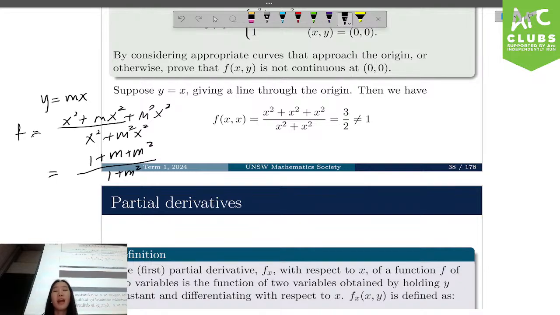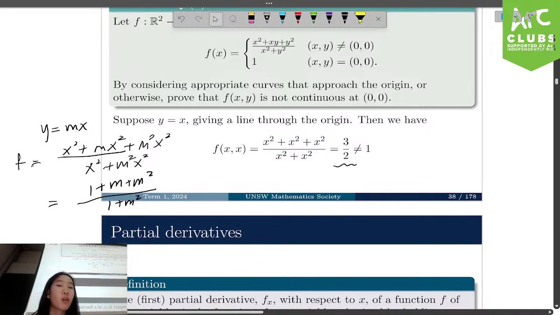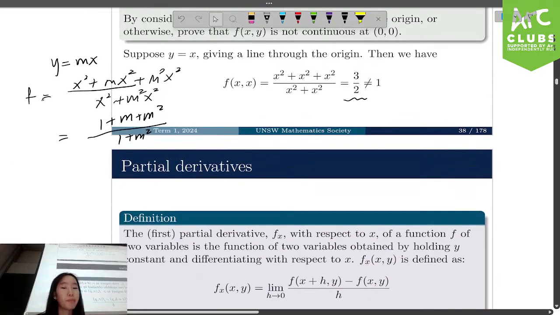If m is equal to 0, then we do get 1. But if m is equal to 1, then we get 3 over 2. If m is equal to 2, we get another value, which is also not equal to 1. Thus, we can prove that the limit does not exist and our function is not continuous.